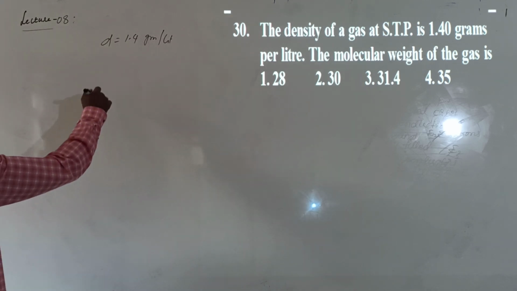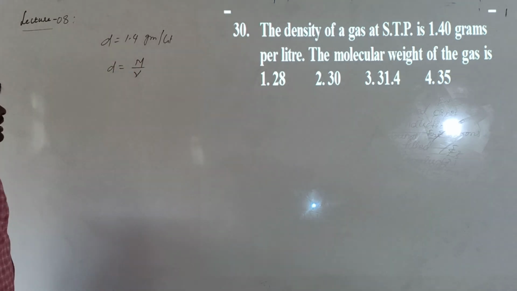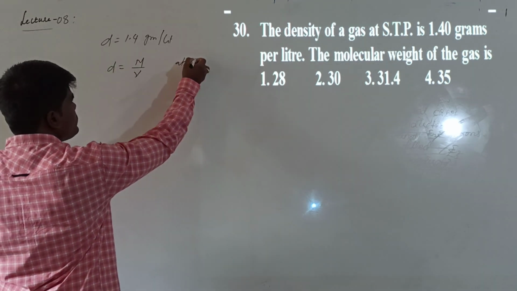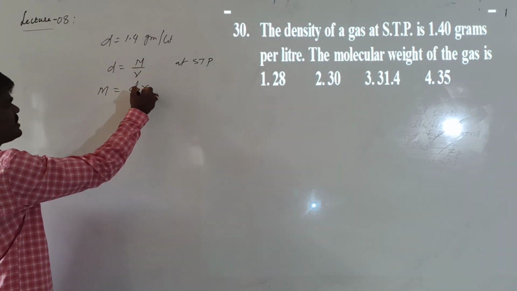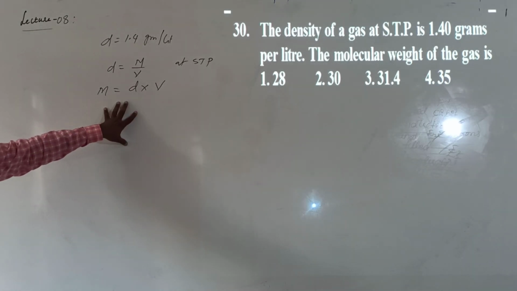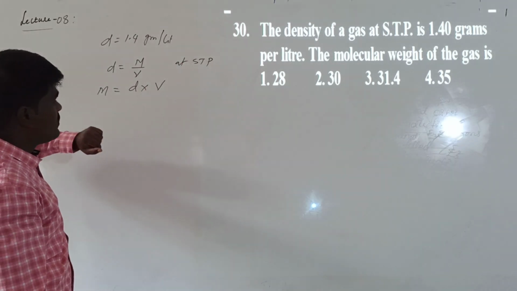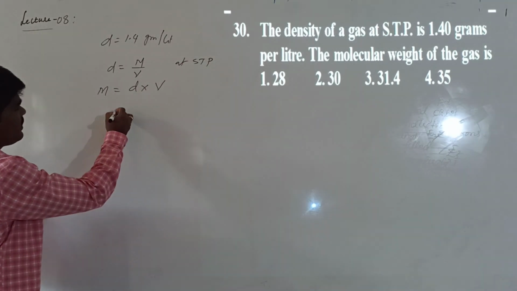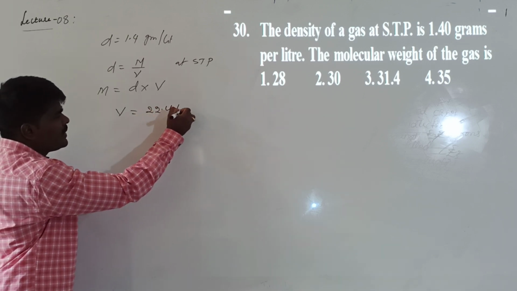What is the relation? Density is equal to mass upon volume. At STP, mass will be equal to density into V. Since we are talking about the molar mass, what is the volume occupied by 1 mole of gas at STP? It is 22.4 liters.